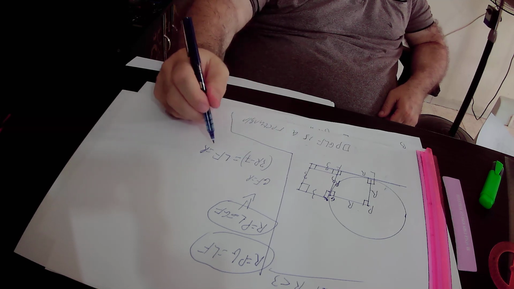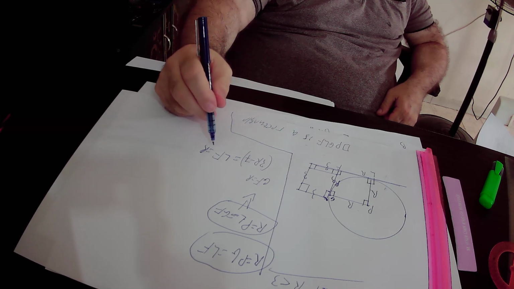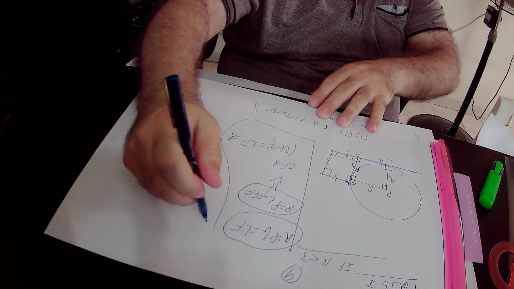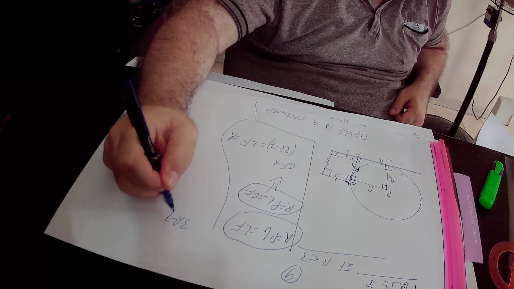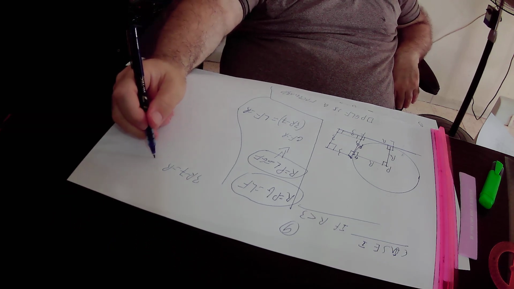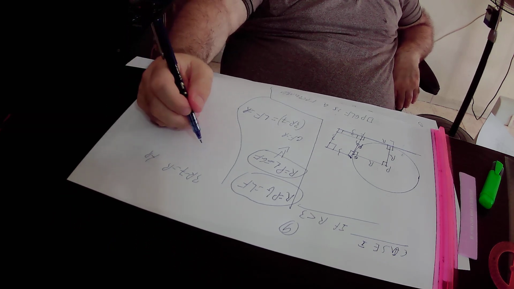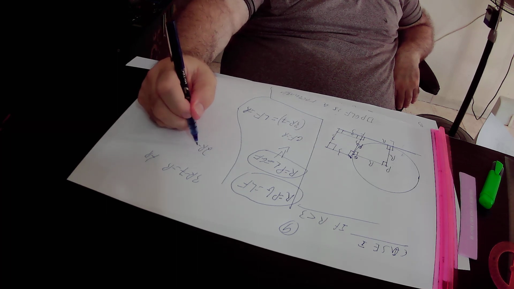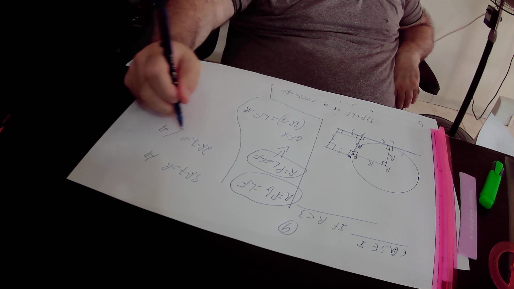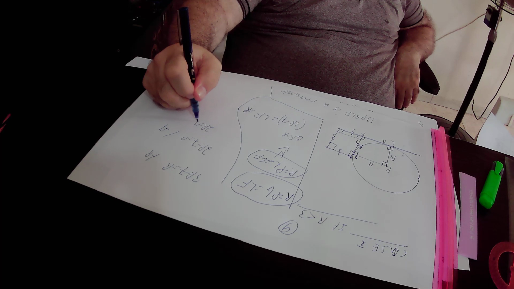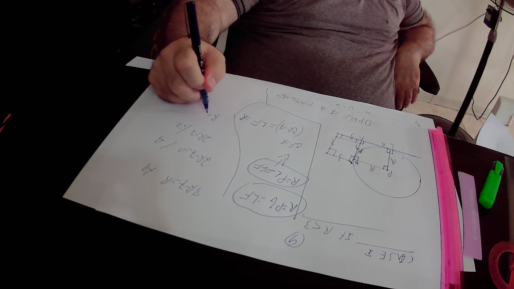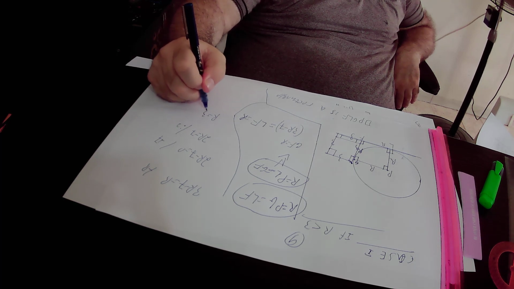So in conclusion, 3R minus 7 equals LF equals R, and from this equation 3R minus 7 is equal to R. Here, we subtract R and we get that 3R minus R is 2R, so 2R minus 7 equals 0. We'll add 7 and we get that 2R equals 7. We'll divide by 2 and we get that R equals 7 over 2, which is 3.5.